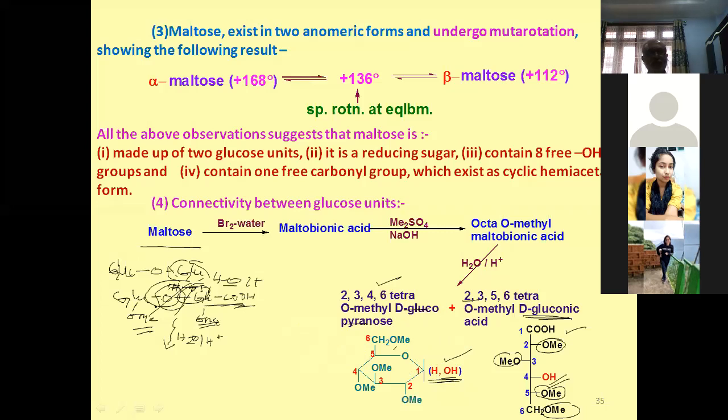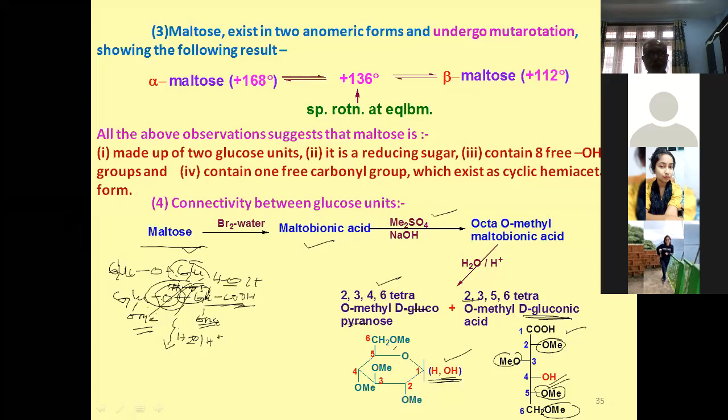You see here what is happening in this series of reactions. First, maltose is converted into an acid, maltobionic acid. The aldehydic group which was free is converted into acid. All the other free OH groups are converted into O-methyl. After that you hydrolyze.